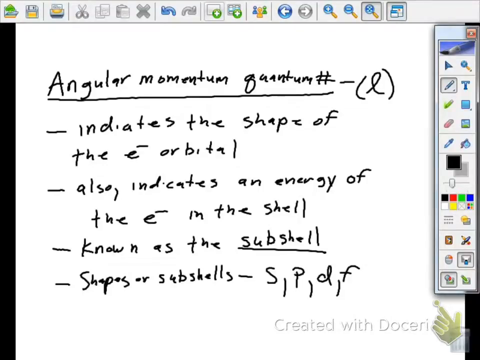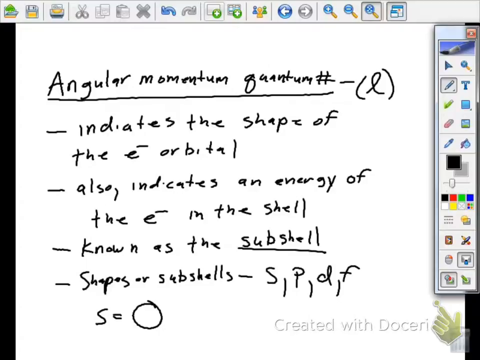Now the S shape is just a spherical orbital. Okay? It's just kind of a cloud. If you guys look, you think of it as a sphere or a ball. Okay? That's the way that you're going to think of it. So, be like a balloon that's round. Okay?